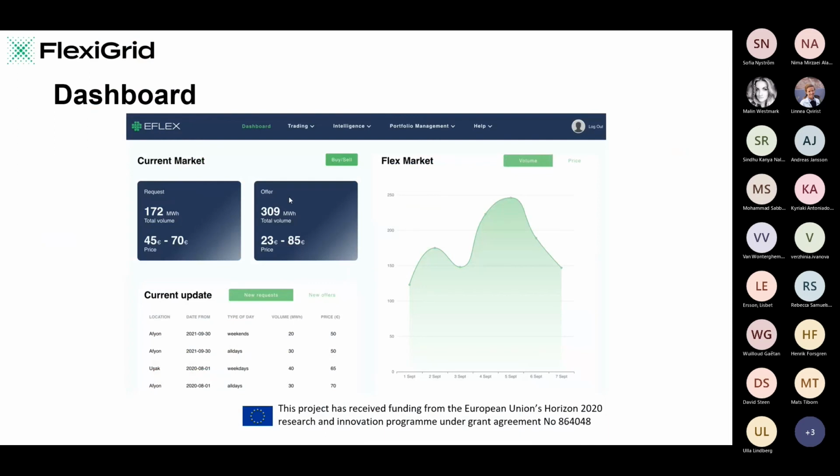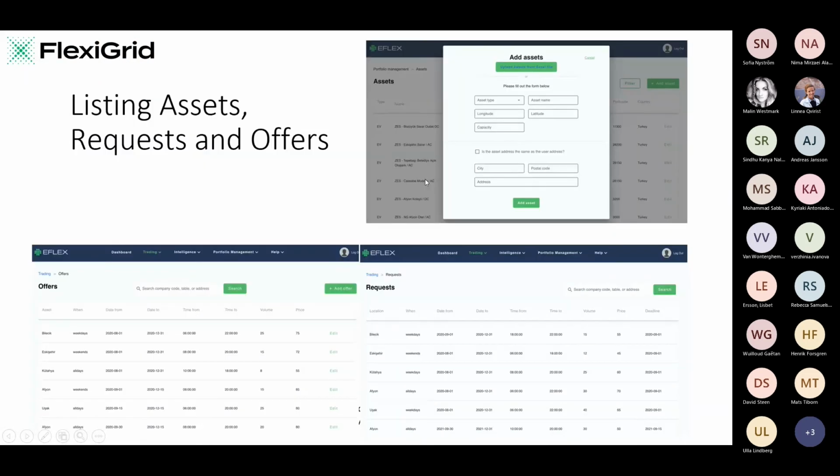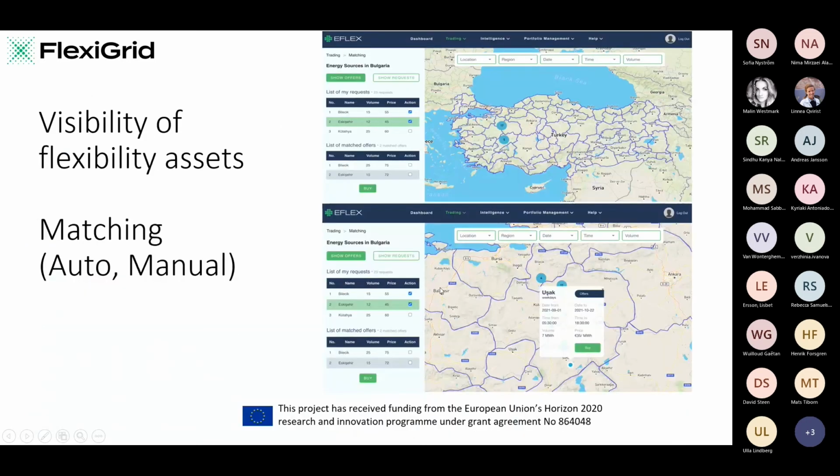Then the trader or the DSO or the seller can see the requests and offers and current updates, the market price, and also the trading intelligence, portfolio management and support, etc. So they can even create the asset or create an offer on the platform which they need, and then do the matching.